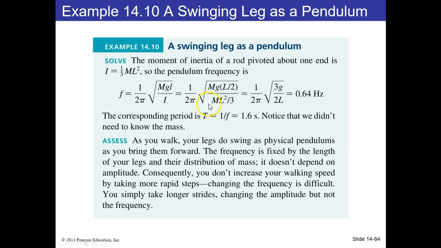We can go through, cross off our m's. You'll notice that one of the L's goes away on the bottom, which completely gets rid of the L on the top. The 2 now goes to the bottom, and the 3 comes to the top, and the g stays where it is. So here we've got 0.64 hertz, and so the period is 1.6 seconds. Okay. Notice we didn't need to know the mass, so this is one that we don't have to worry about the mass.